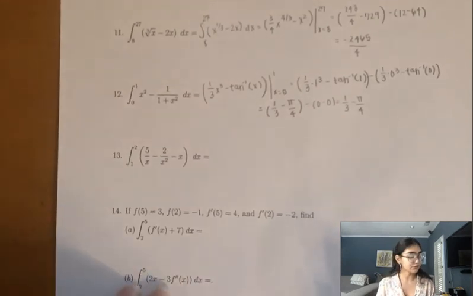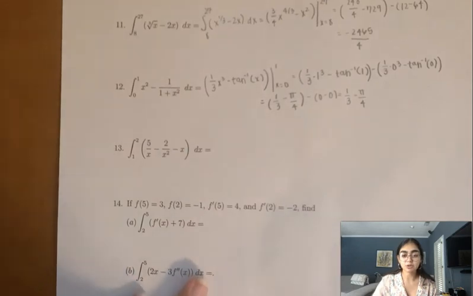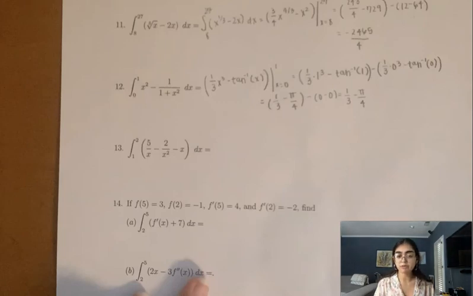Okay, moving on to number 13. We actually are going to have a situation where our antiderivative will be ln, and also a situation where we need to rearrange something so that we can use the power rule. So if you look closely at the problem, you see that we actually have two instances where our variables are on the bottom, and you might be thinking at first, maybe I need to rewrite both of those fractions.